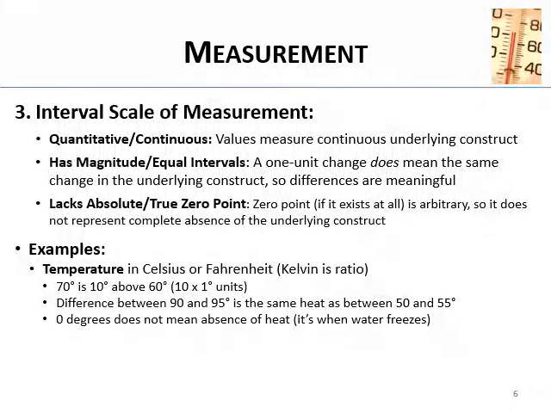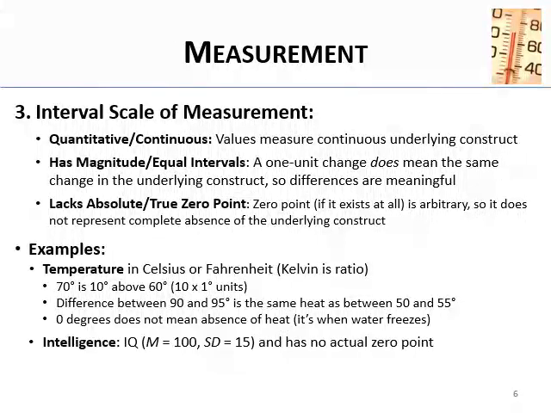But 0 degrees does not mean the complete absence of heat. It's when water freezes at sea level or something like that. I forget exactly what it is, but it doesn't mean the complete absence of heat. Kelvin, for those who are super nerdy, does indeed have a true 0, where 0 on Kelvin means the complete absence of all heat, right? So we don't really achieve that on Earth, I think.